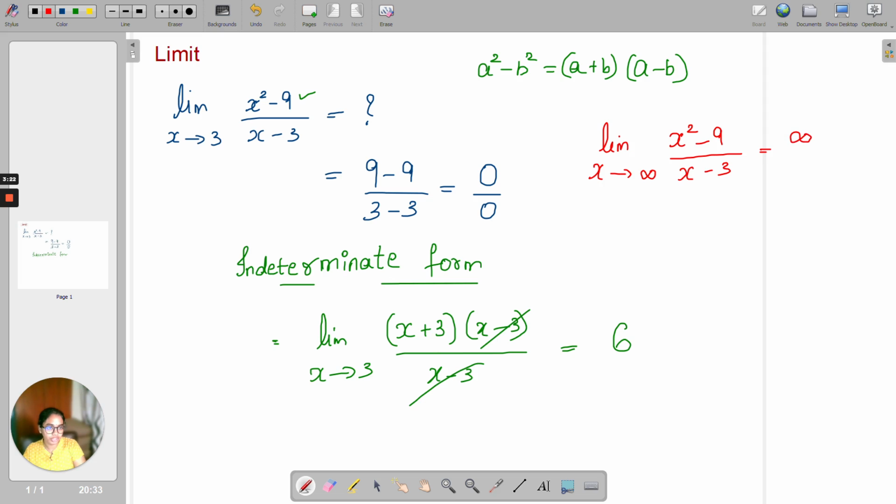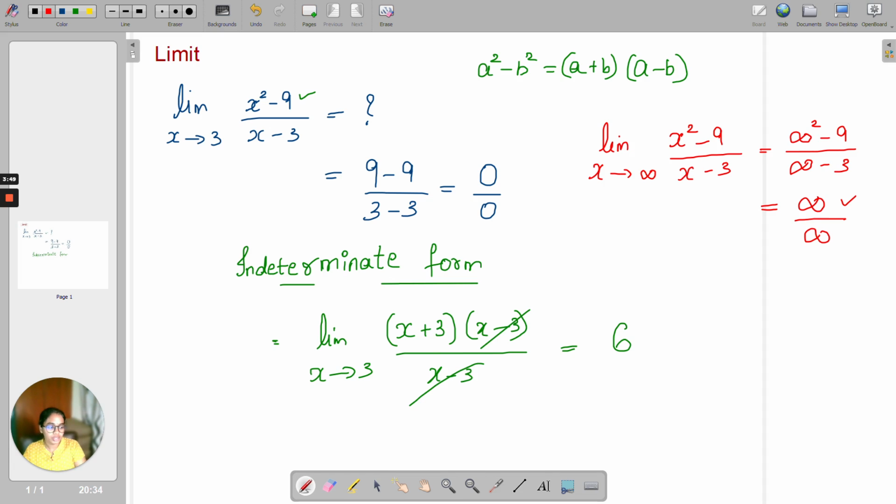I would get infinity square minus 9 divided by infinity minus 3, so this would be infinity divided by infinity. You cannot cancel infinity by infinity because infinity is not just a number. So this is an indeterminate form.